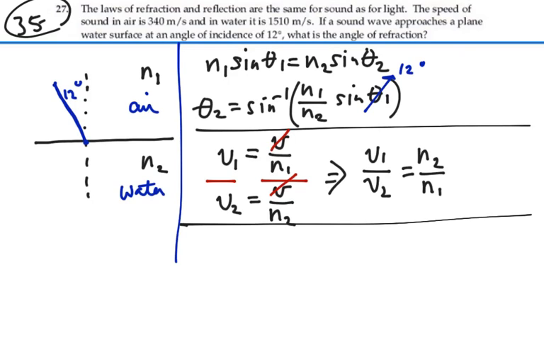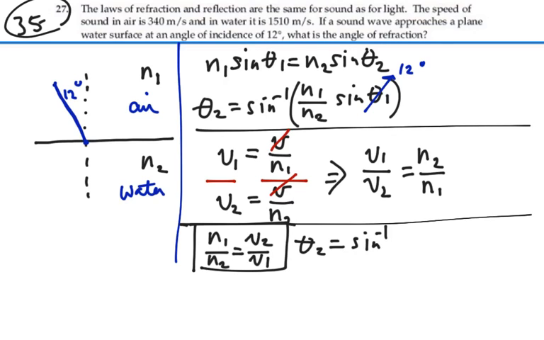In other words, n1 over n2 is going to equal velocity 2 over velocity 1, if I rearrange this equation. Hence, theta 2 is going to equal the inverse sine of n1 over n2, which will be v2 over v1, times sine 12 degrees.